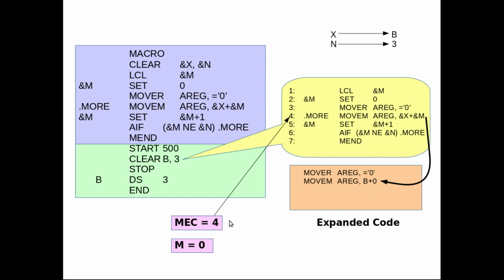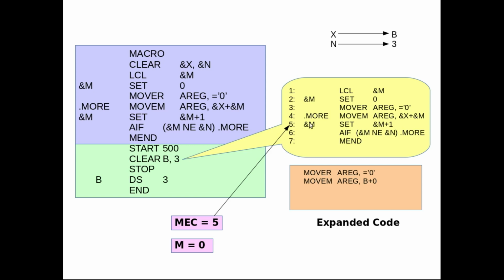With that, the macro expansion counter will be incremented to 5, and we will now process statement number 5. Statement number 5 increments the value of the expansion time variable m by 1.